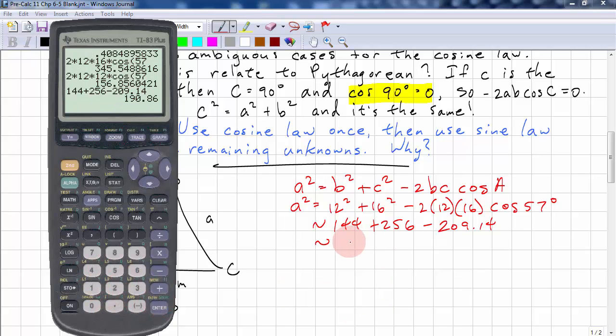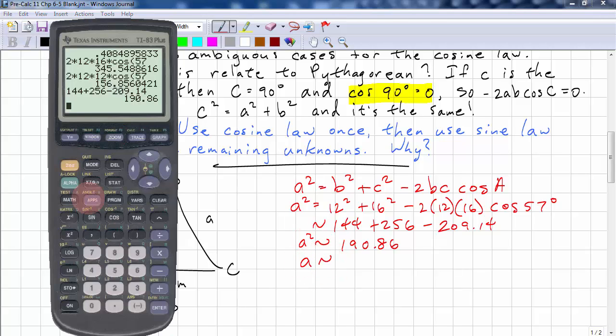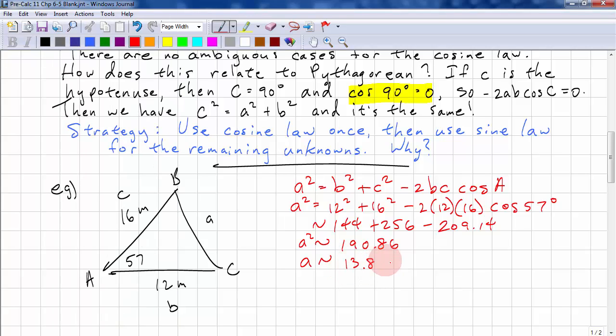That's 190.86. And that's a squared, so we need to take the square root. And that's 13.8 meters.